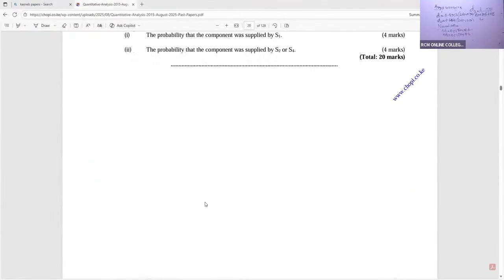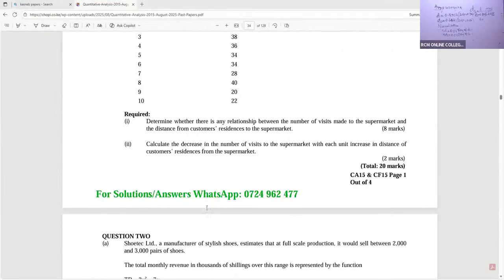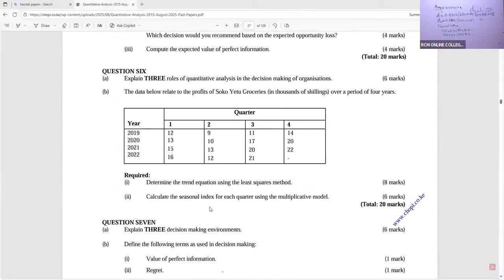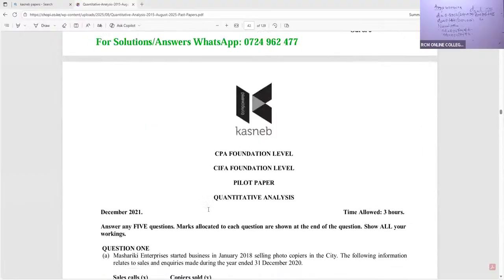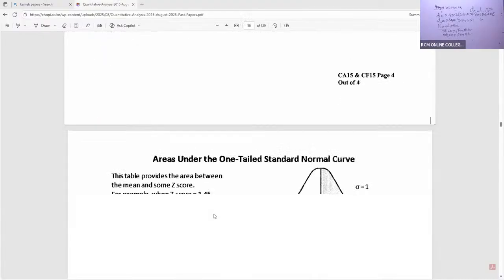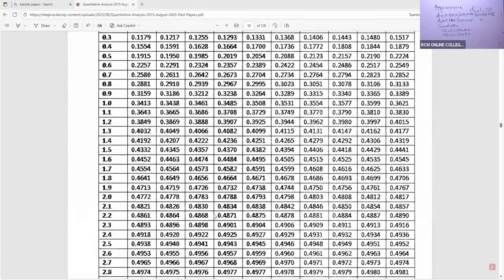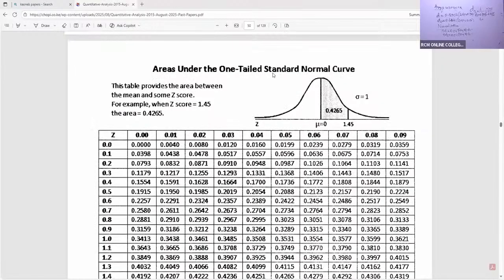If you have a calculator and you know how to use it, that's the very best, but it means buying another type of calculator, which currently costs about 3,000 shillings. Here is the normal table: one tail, standard normal curve.